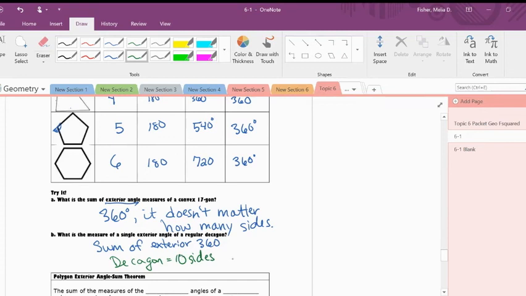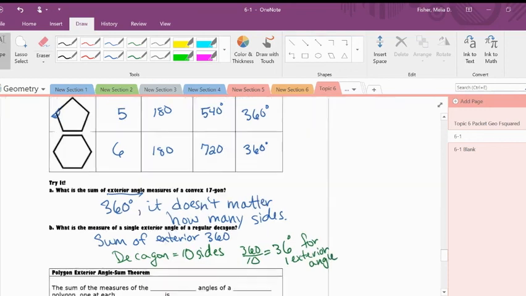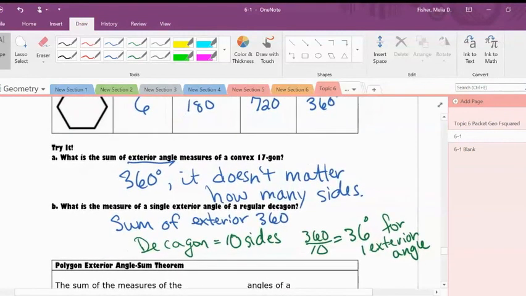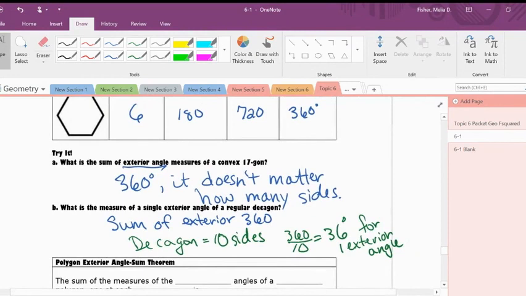So I would say 360 divided by 10 is 36 degrees, or 1 exterior angle. Not sure how I shrunk that. Okay, so 36 degrees for 1 exterior angle.